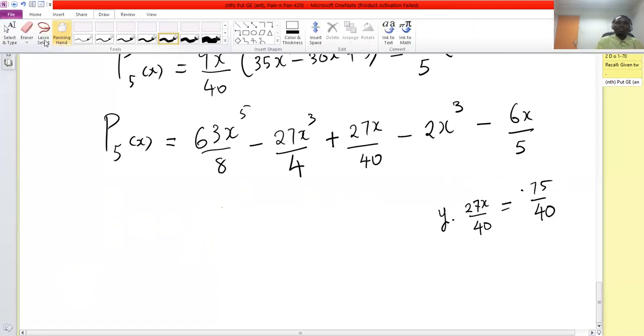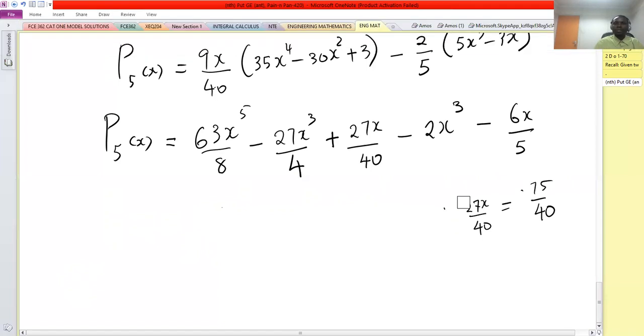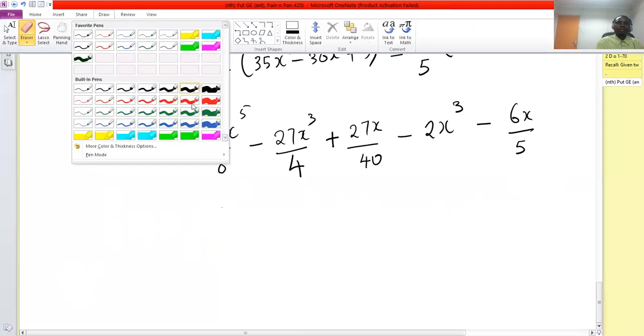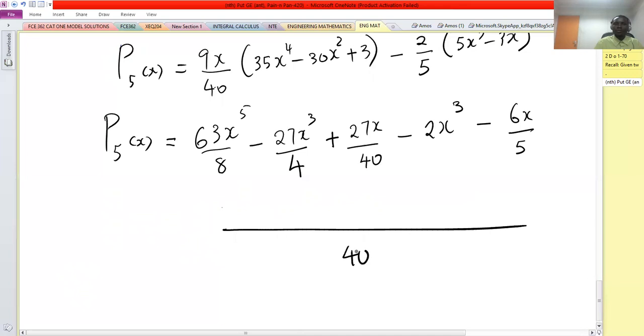So I'll rewrite this part as, so LCM is 40.